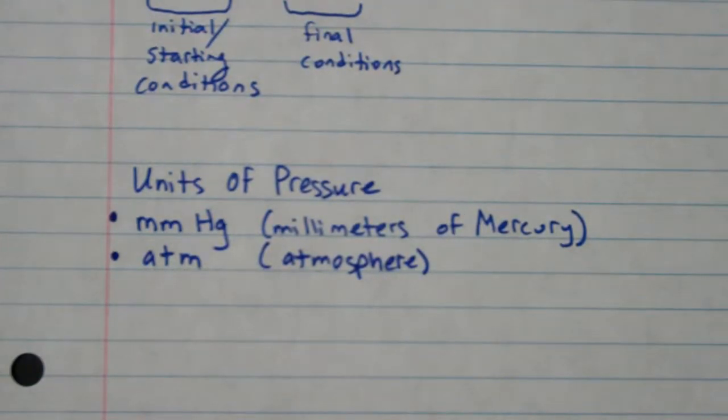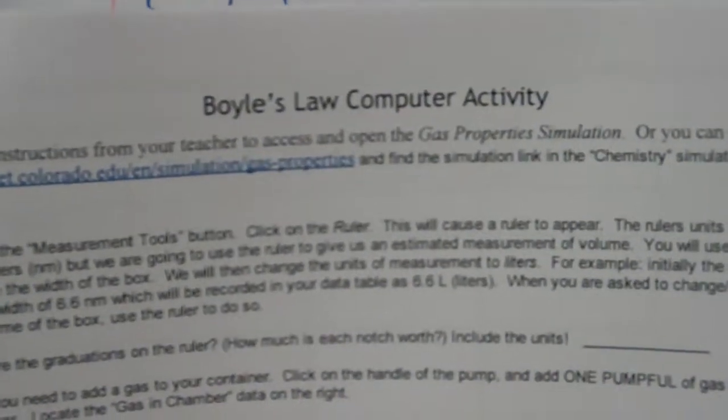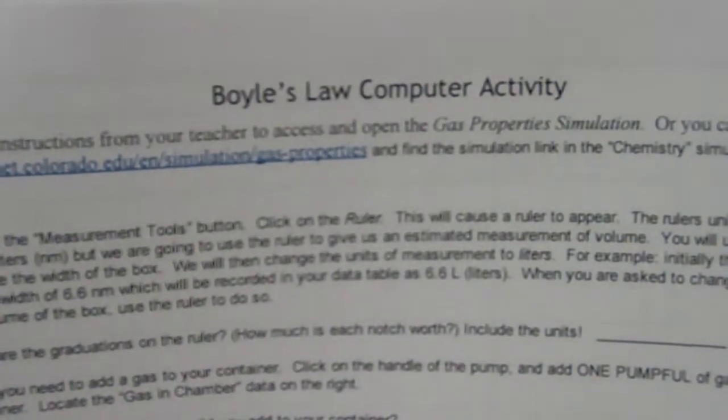Now, next thing I want you to do is I want you to open up your student online packet. I've got a paper copy of it, but I want you to open up your atmosphere student packet online and find this activity. All right, Boyle's Law computer activity.